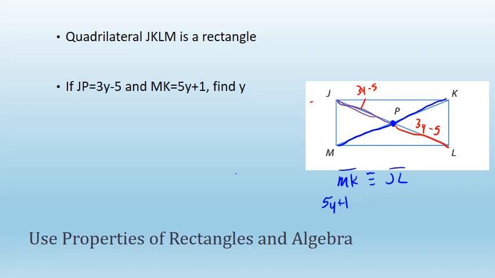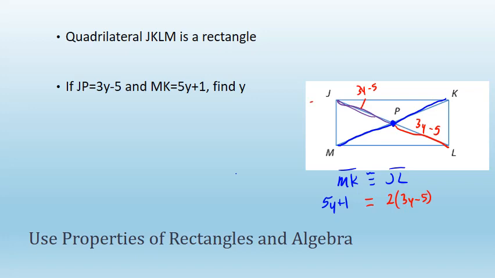So then JL up here has to equal 2 times 3y minus 5. In other words, both JP and PL must be congruent.